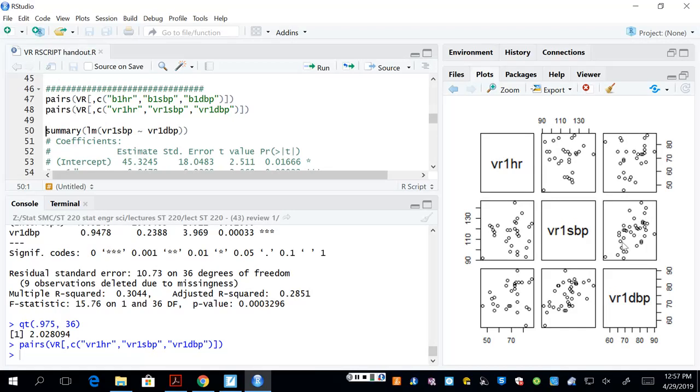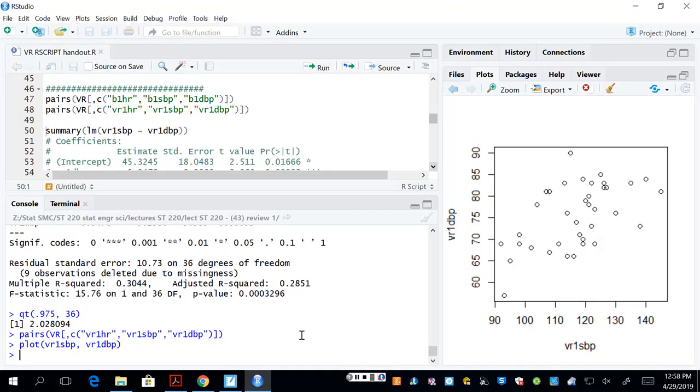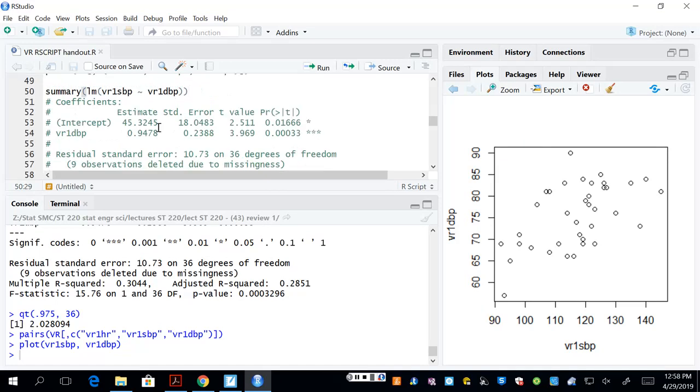This one looks like a little bit stronger response, I suppose. So if you plotted just the VR1 systolic blood pressure against the VR1 diastolic blood pressure, those perhaps show a little stronger relationship. When you regress those, you get very similar coefficients.